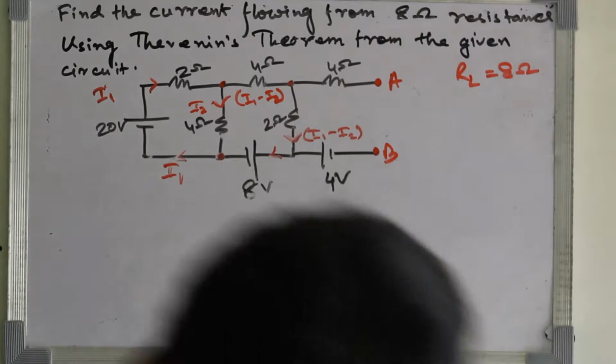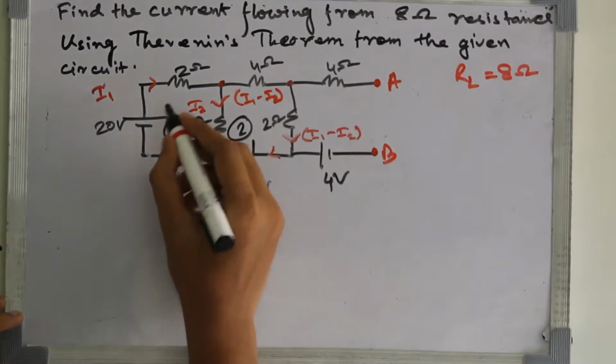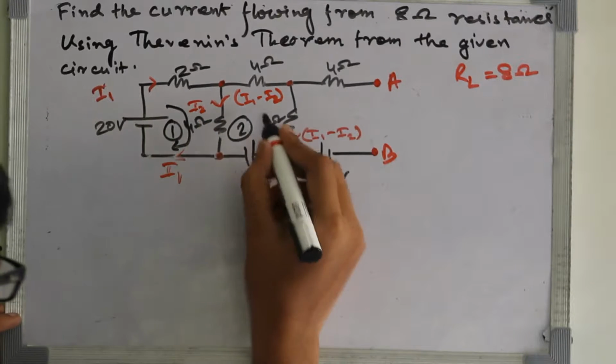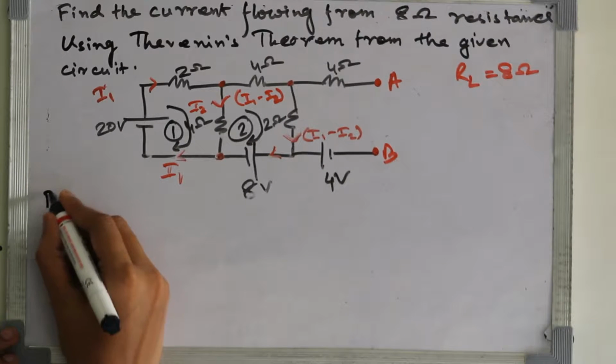Now there are two loops. This one is loop number 1, this one is loop number 2. We will take the current distribution in the clockwise way. So for loop 1 there will be an equation.